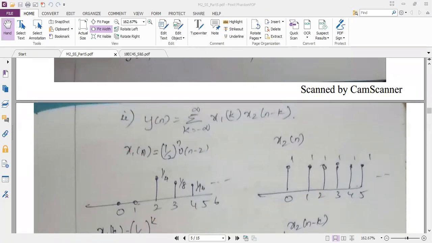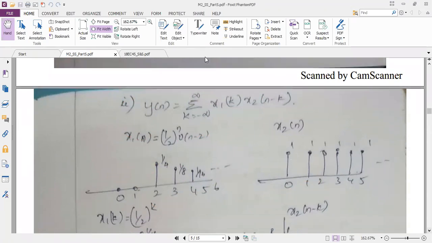Out of the two, this is like x of k and this is like h of k. So x of k, we will not do any shifting operation. For x2 of n minus k, we will do the shifting operation. Before that, we have to plot the signals from the given question.